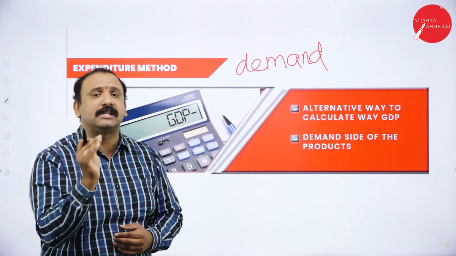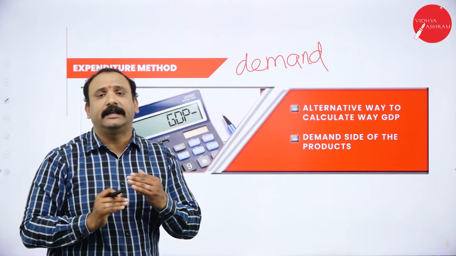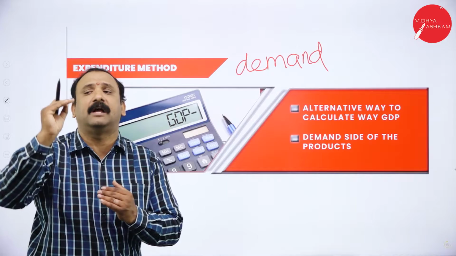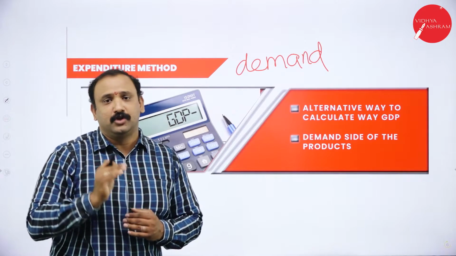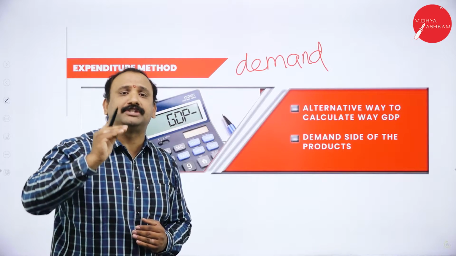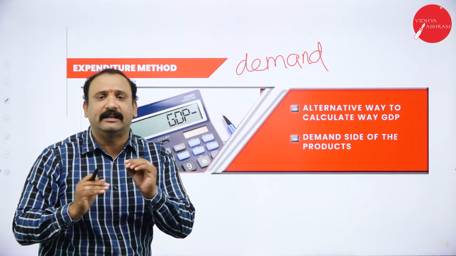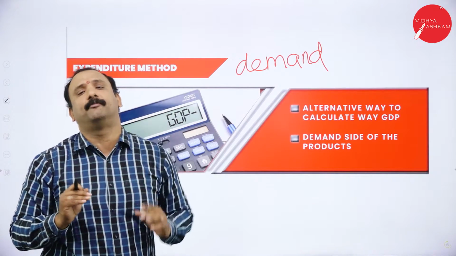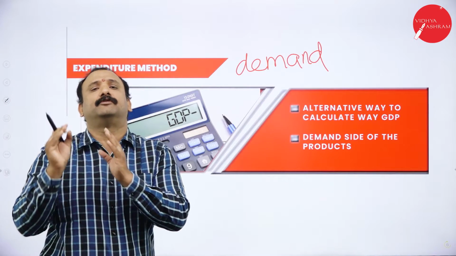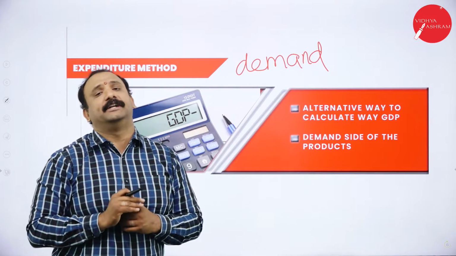The country will start emphasizing that sector. So automatically a huge amount of production will be stepped up. When the demand starts going up, the production will also start going up for that particular product. Automatically there will be an expense that will go up with that particular production. So what happens here is that the demand side of the product matters a lot in the expenditure method.